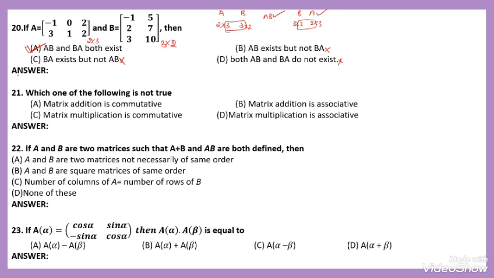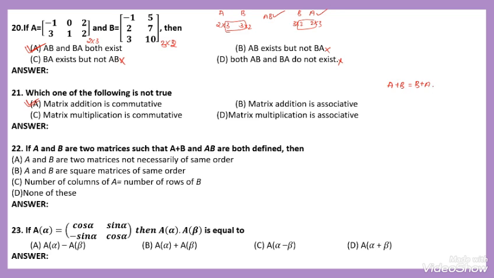Which one of the matrix statements is not true? There are properties to check. Matrix addition is commutative. Yes, while taking the addition, commutative means A plus B and B plus A are equal. Here the orders of A and B must be the same.